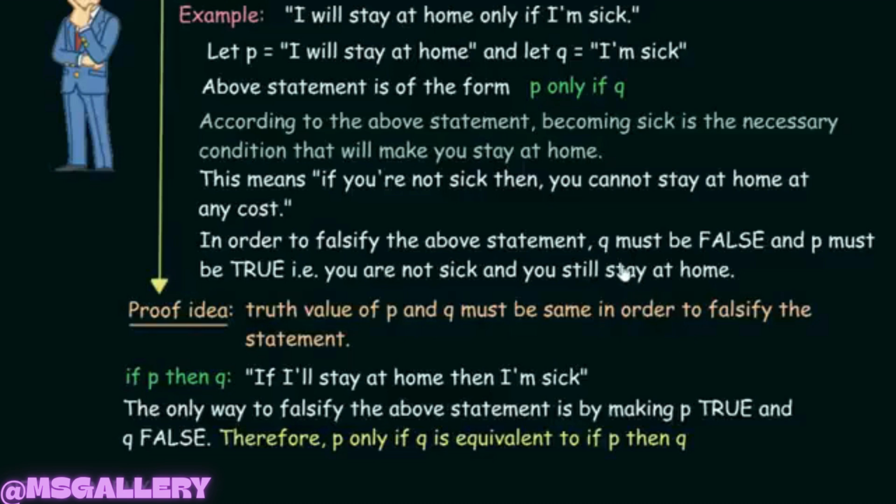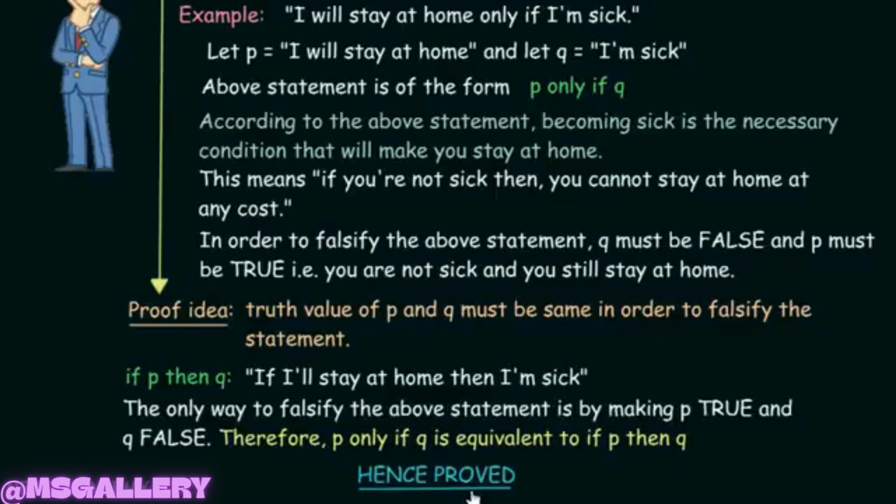Because here also, if you remember, we falsify this particular statement by taking Q false and P true, right? Here also I am taking the same truth values of P and Q and falsify the statement. By taking P true and Q false, we would be able to falsify this statement as well and this statement as well. Therefore, P only if Q is equivalent to if P then Q, and it is hence proved.